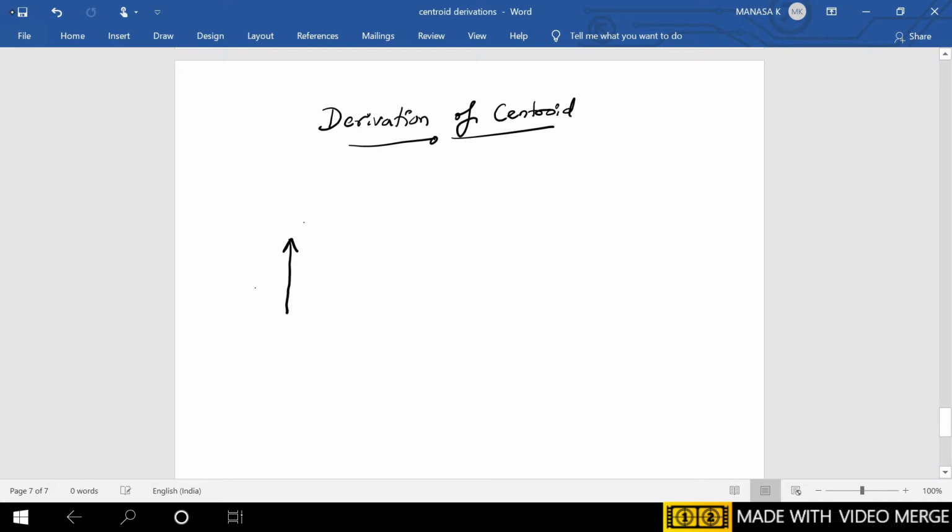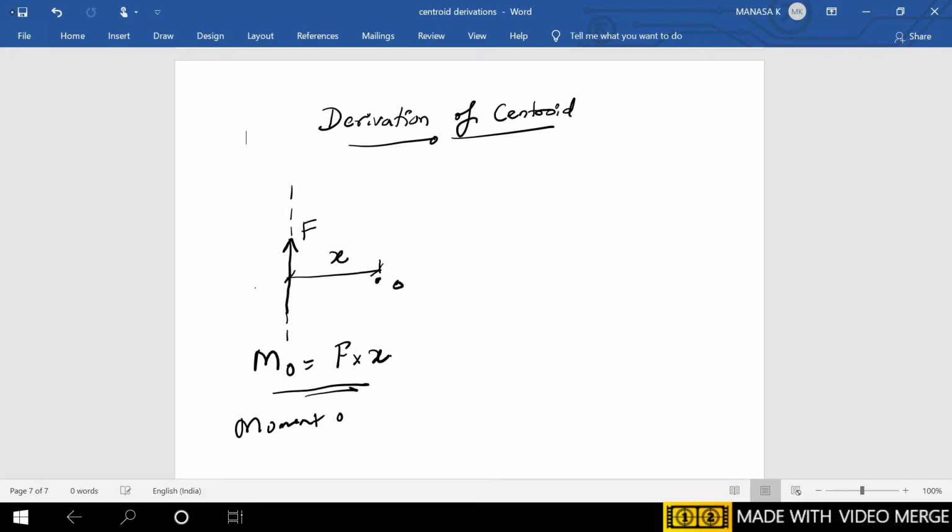So if you have a force F and a particular point O, where you need to find out the moment at O, the moment at O is calculated in such a way that the perpendicular distance from the point O till the line of action of the force is calculated, which may be taken as X. And now the moment of force at O is equal to force into perpendicular distance X. So this is how you were calculating moment of force.